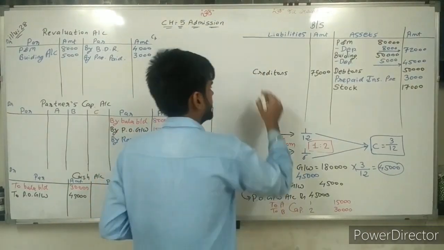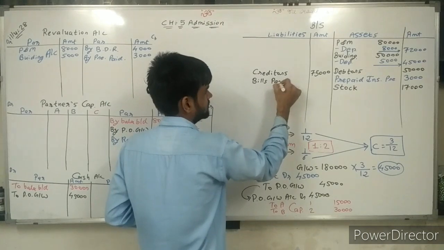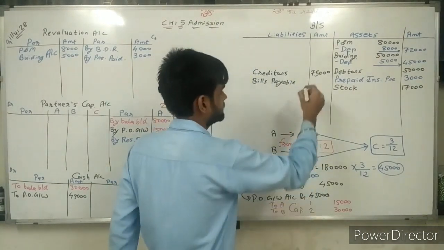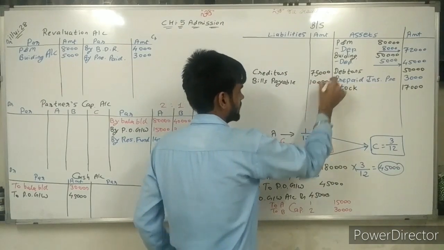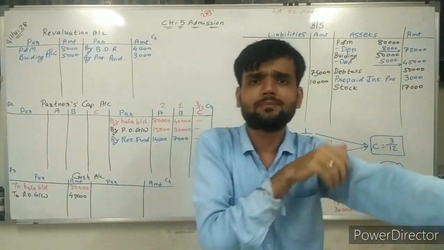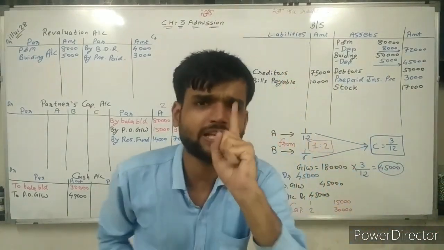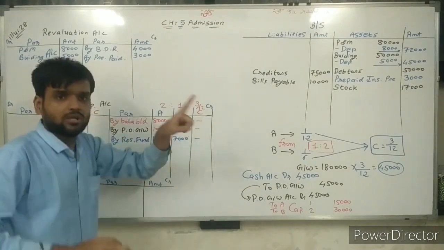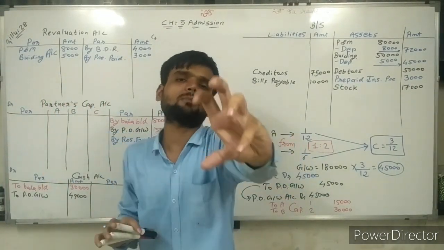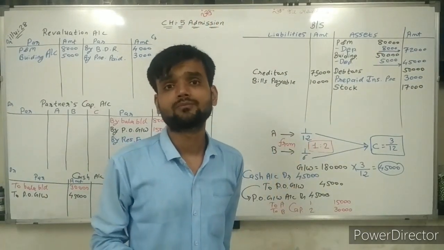Sir, it's my liability as it is. Bills payable 10,000. Now the balance sheet is also 100% clear. In the full sum, what is remaining only? Sir, how much amount is brought by C? That we don't know. We know only one thing, proportionate amount is brought by the partner. But how much amount, we don't know.